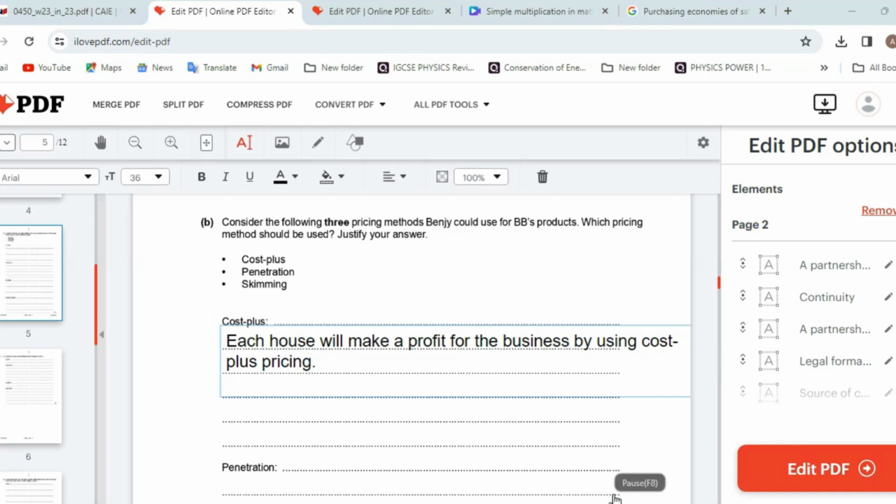By adding a specific fixed percentage to the product unit cost, of course, the cost of building the new house may be high. That is also a disadvantage of the cost pricing method.